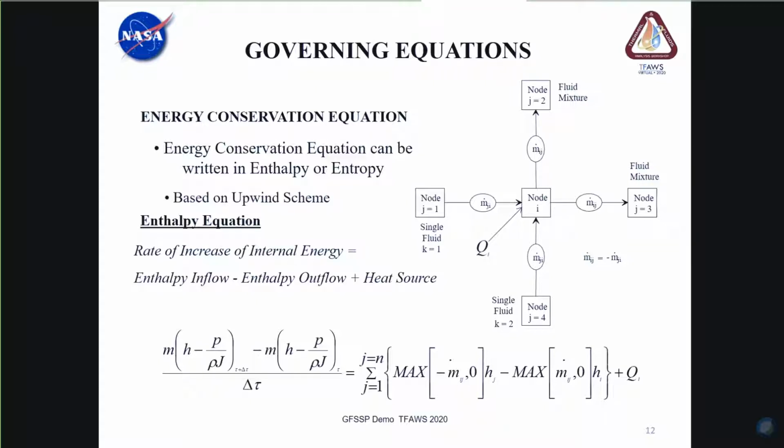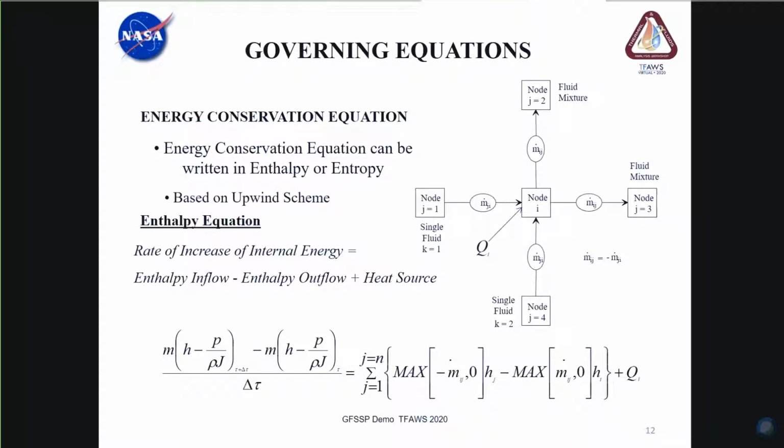Our energy conservation equation can be written either in terms of enthalpy or entropy. We usually use enthalpy, and it's based on an upwind scheme. That is, the enthalpy of a node is based on the enthalpies flowing into it and the enthalpy going out of it.